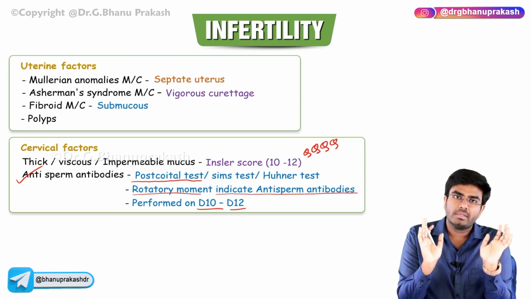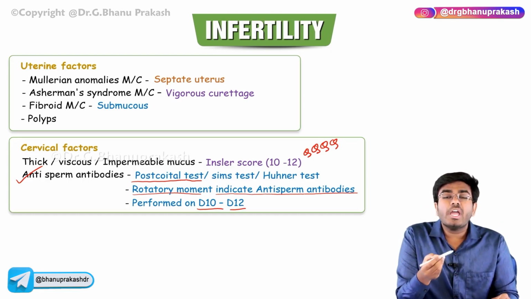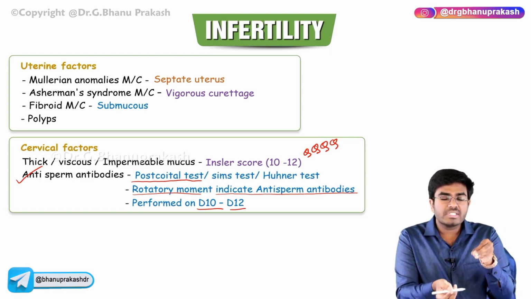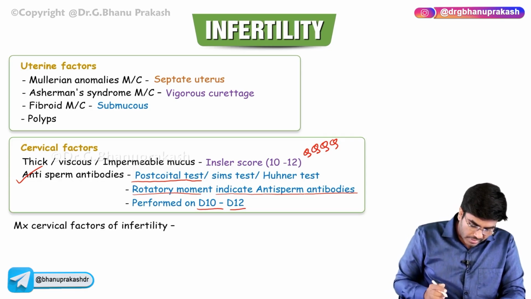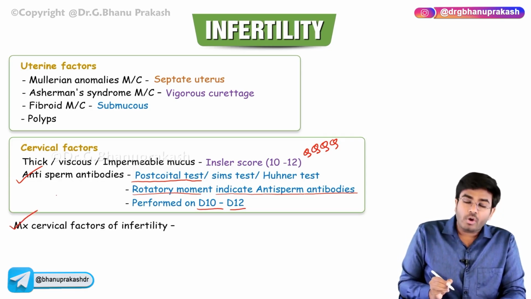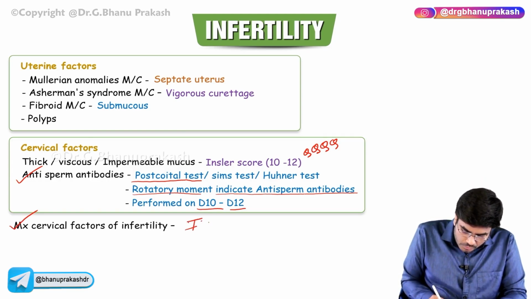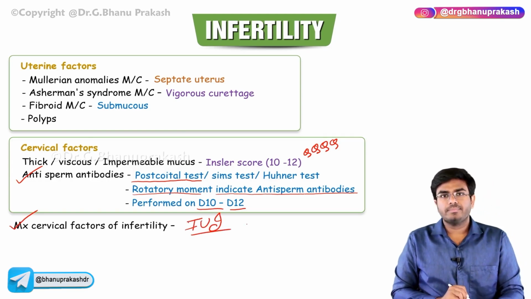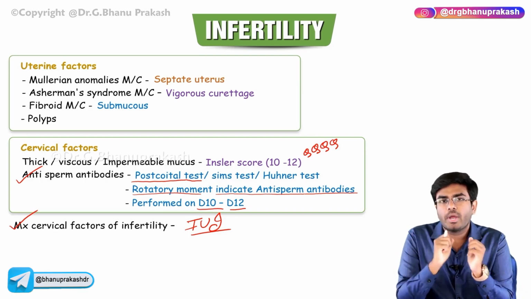She will become pregnant. So, bypassing the cervix means intrauterine insemination, sperms directly released into the uterine cavity. So, very important point, the management of cervical factors of infertility is intrauterine insemination.